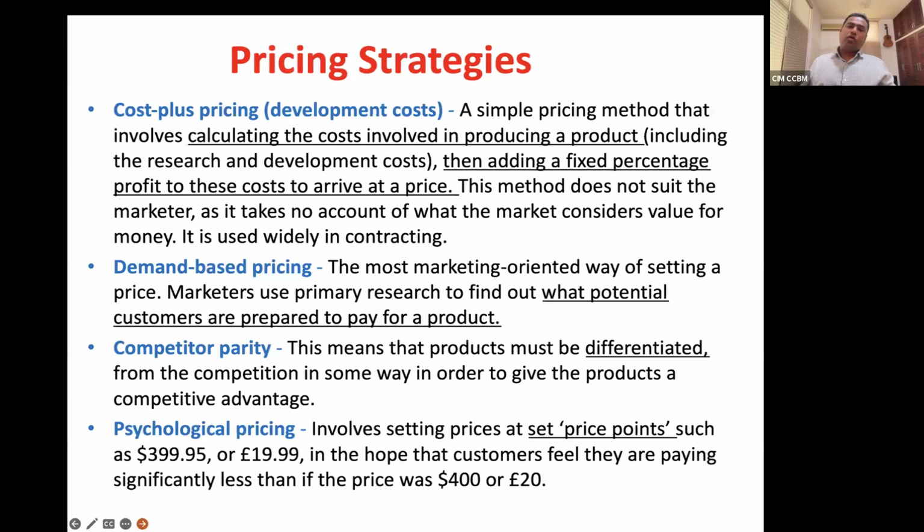Then you add a fixed percentage, say 100%. I want a 100% margin. So you add another 100 to your cost of 100 and you sell it at 200. So you add a fixed percentage of profit to the cost to arrive at the price. That is called cost plus pricing.